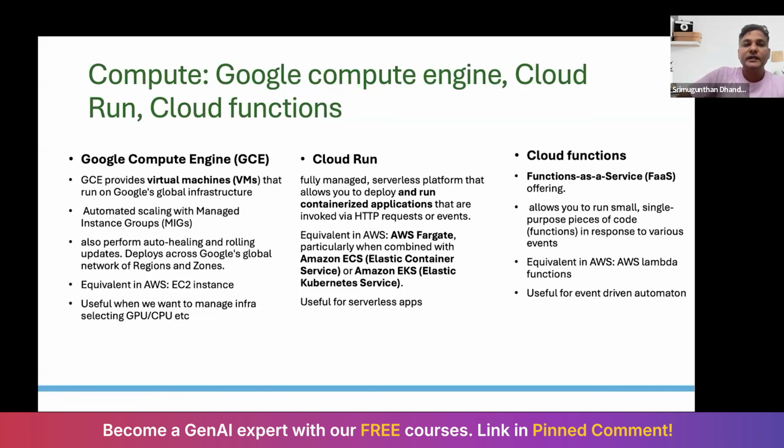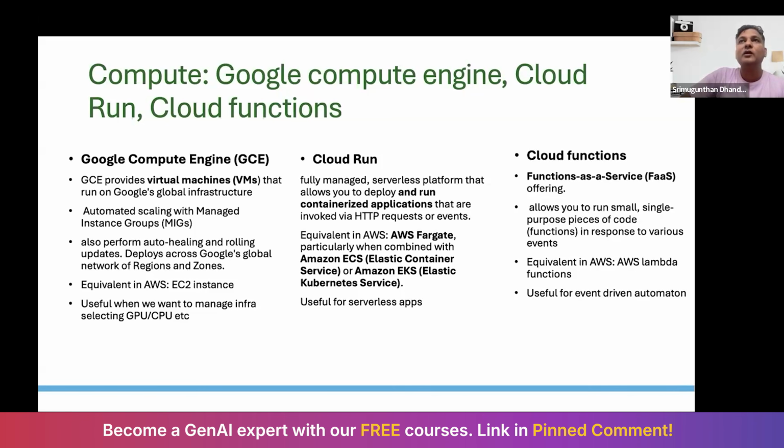So GCE provides us virtual machines. It abstracts the virtual machines and gives them to us as a service. It is very useful to use GCE when we want to have control over what kind of machines we run on. Suppose that we want to run on a specific GPU or a specific CPU.